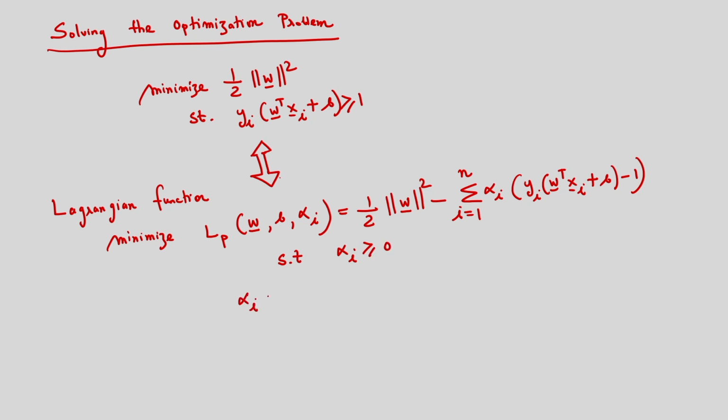So here alpha I for I equal to 1, 2 up to n is the Lagrangian multiplier. So we are solving this optimization problem by considering this Lagrangian function, because we have the linear constraints. So we have to minimize LP, that is the Lagrangian function.